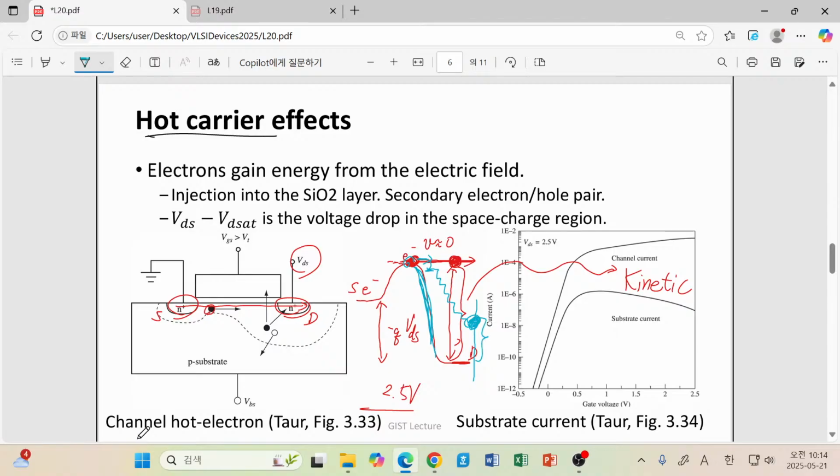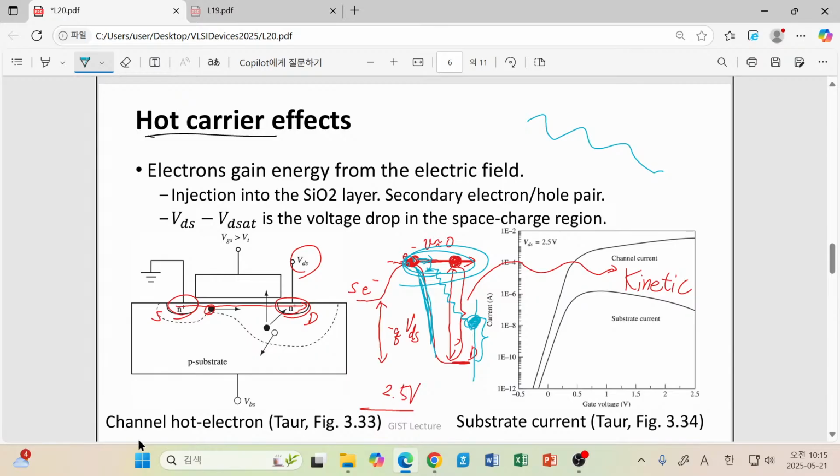However, think about this case. There is a quite lucky electron, and when it moves, many scatterers come in and try to hit that electron, but it escapes from here to there and survives without being hit by the scatterers. Then what will happen?